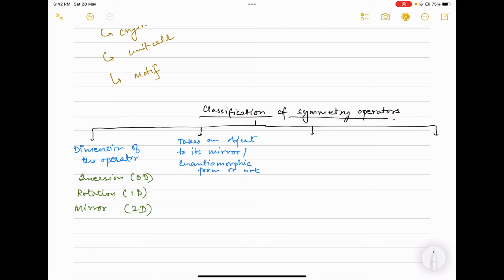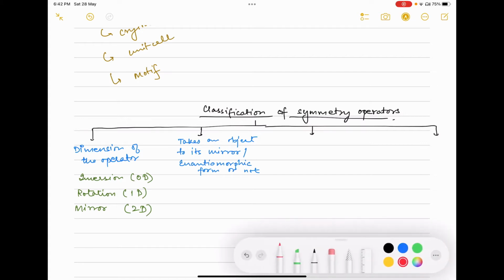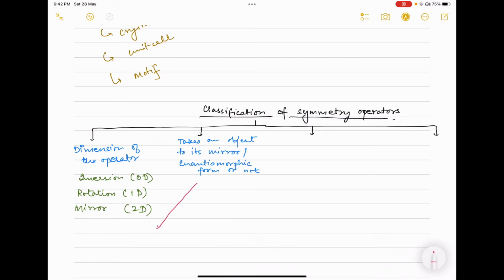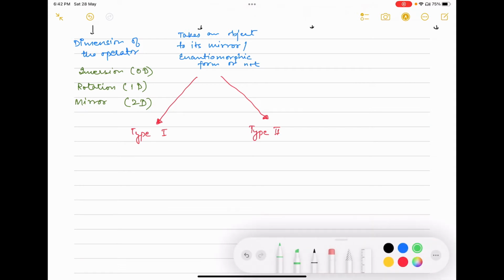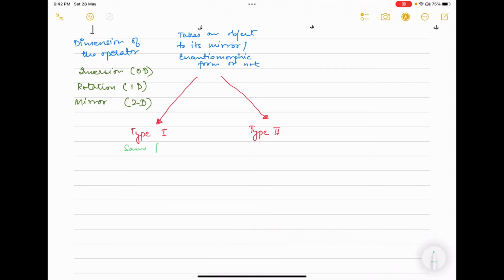They are further divided into two types, type 1 and type 2. In type 1, they take the object to the same form. But in type 2, they take the object to its mirror or enantiomorphic form.